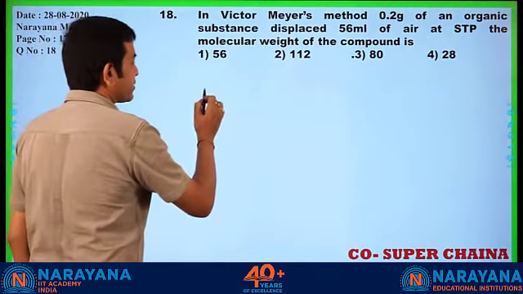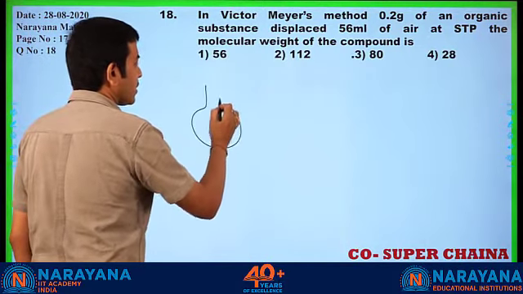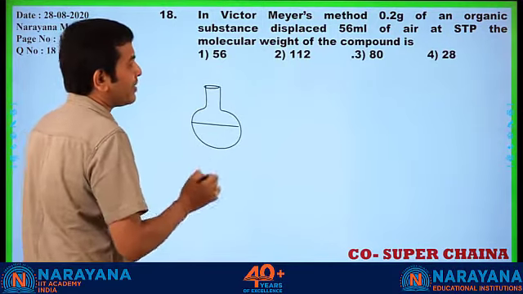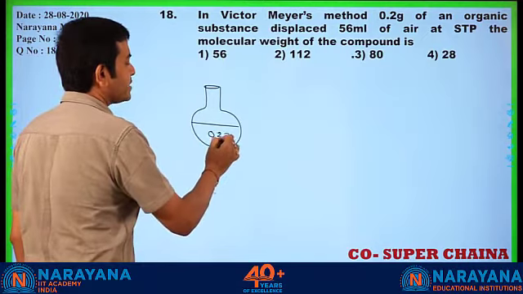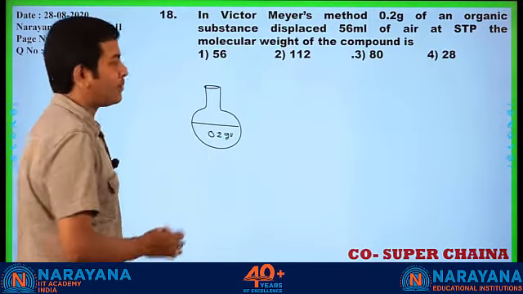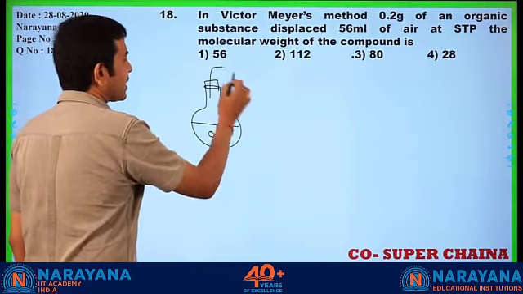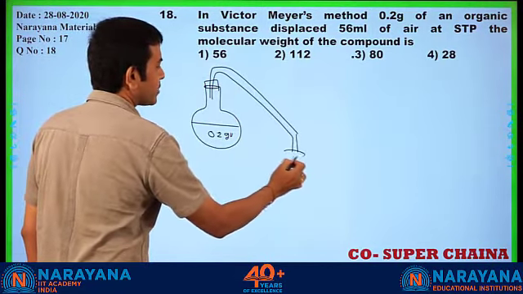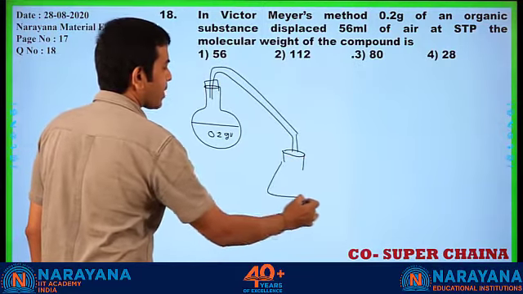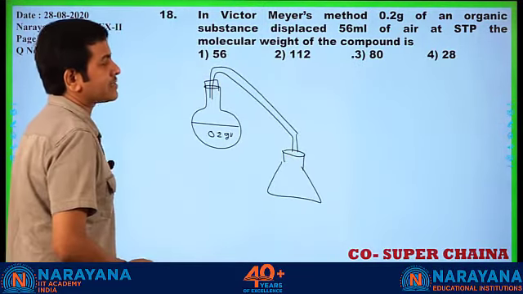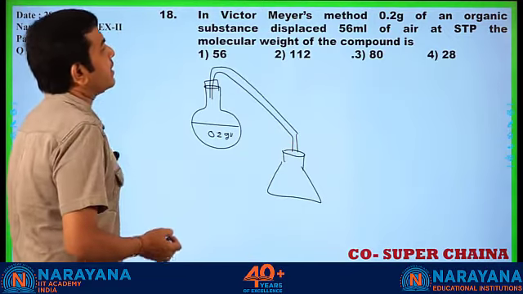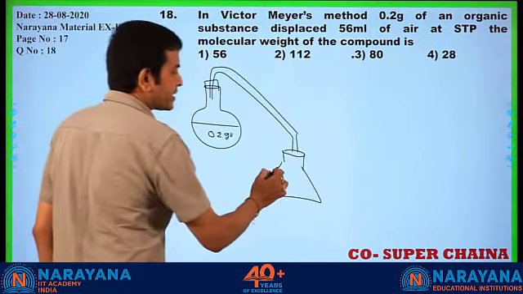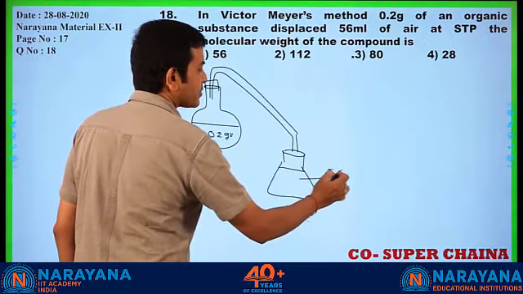In Victor Meyer method, a certain weight of organic compound, here 0.2 grams, is completely converted into its vapor. In STP conditions, that organic compound vapor displaces 56 ml of air. Its volume is 56 ml.